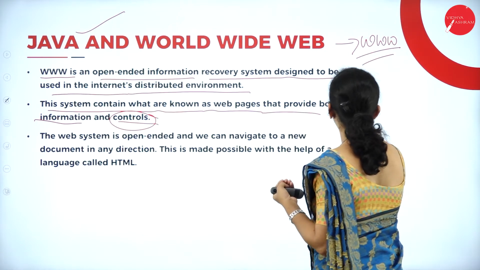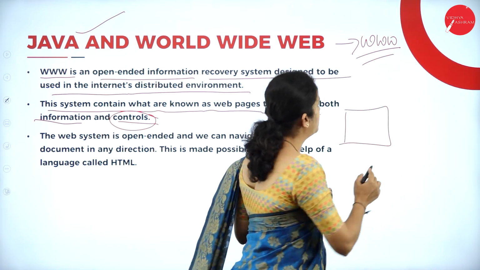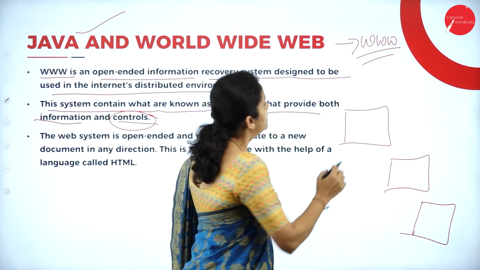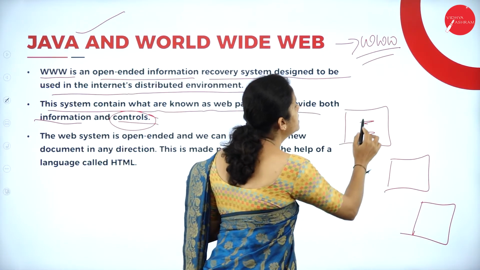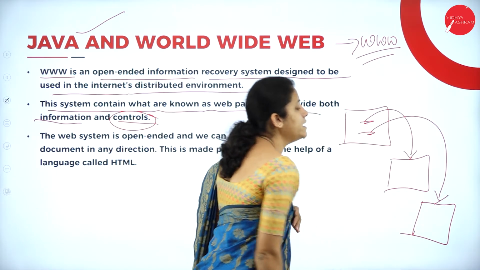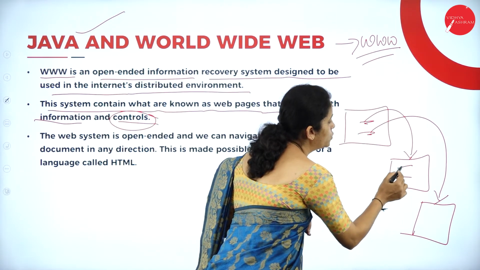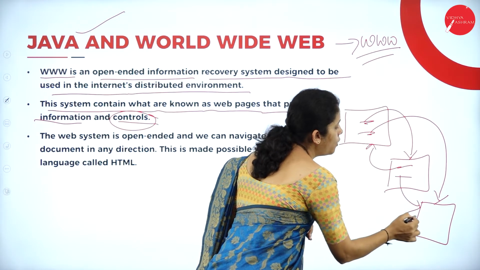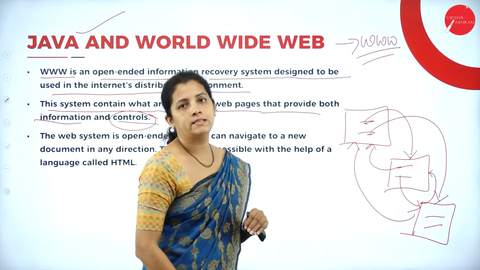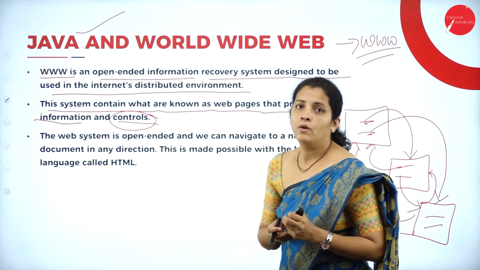Consider the example here. This is my main website page, and I'm going to have another 2 pages. Here I'm going to provide the link for my next web page, and here I'm going to provide the link for my other web page, and here also I'm going to provide the link for all the present web pages. So these kinds of controls, that is nothing but the navigations, are carried out in the web pages.